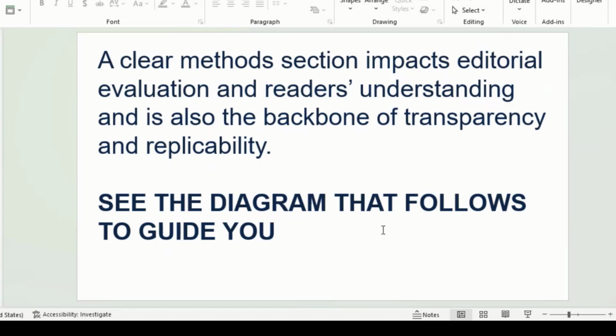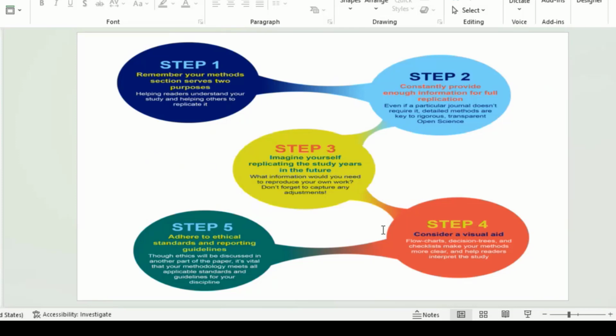Here it is. I picked this one because I want you to understand when you put something on paper, that step one, remember your method section serves two purposes: helping readers understand your study and helping others to replicate it.